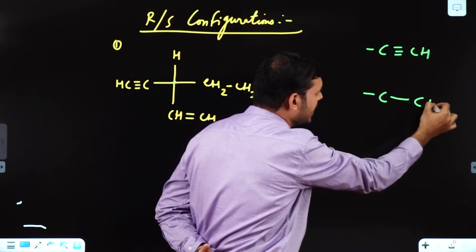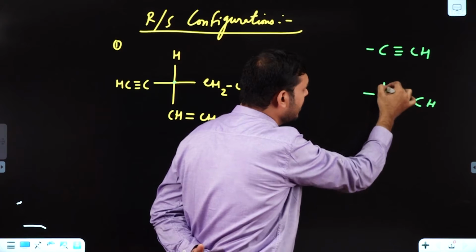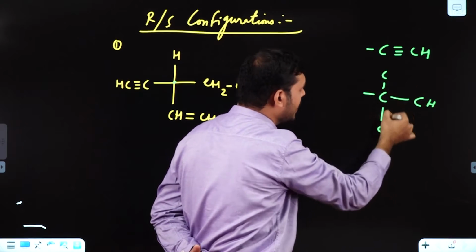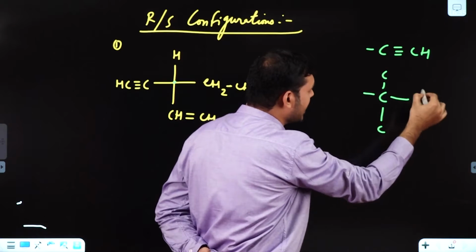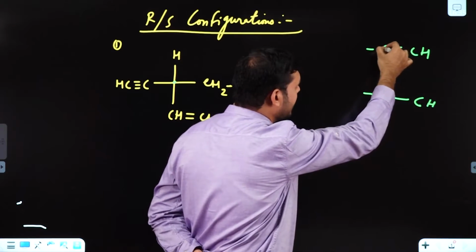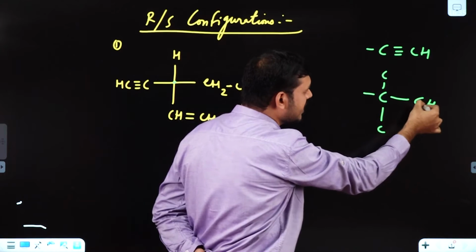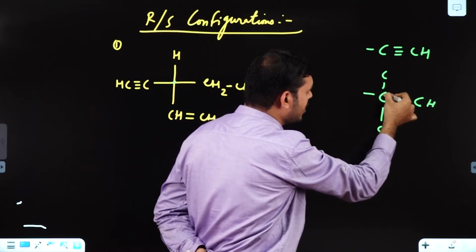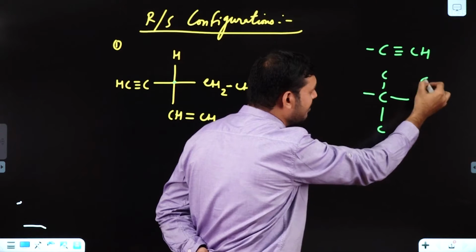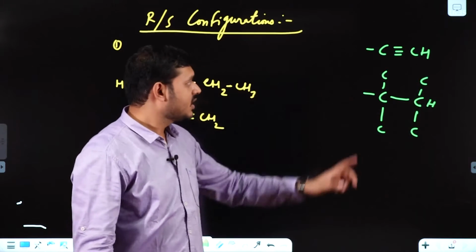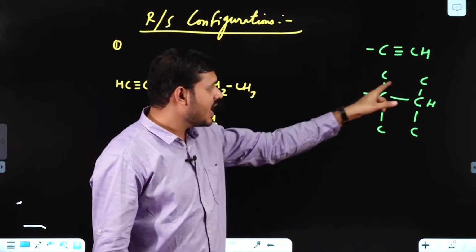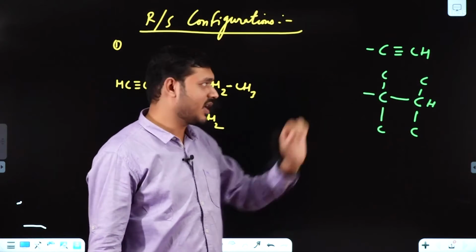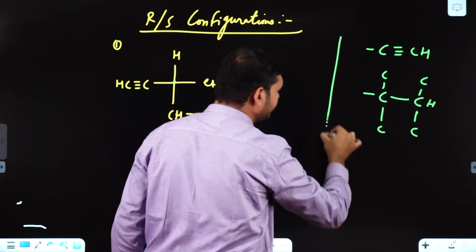One is already there, so two others are hypothetical. Now this carbon is also connected with a triple bonded carbon, so it is connected with three carbons, one already there and two hypothetical. So this C triple bond CH is hypothetically understood as this part. Clear?